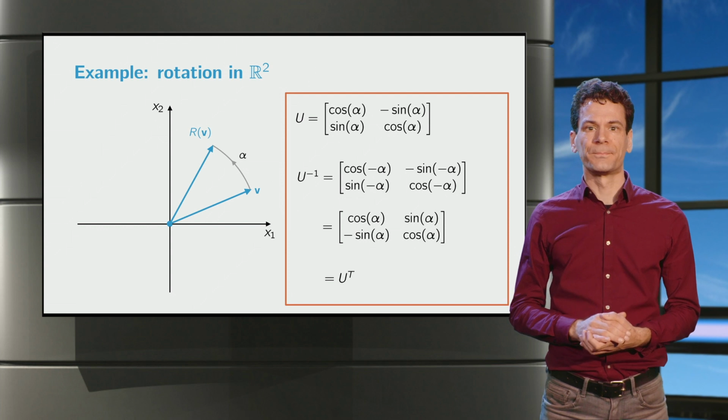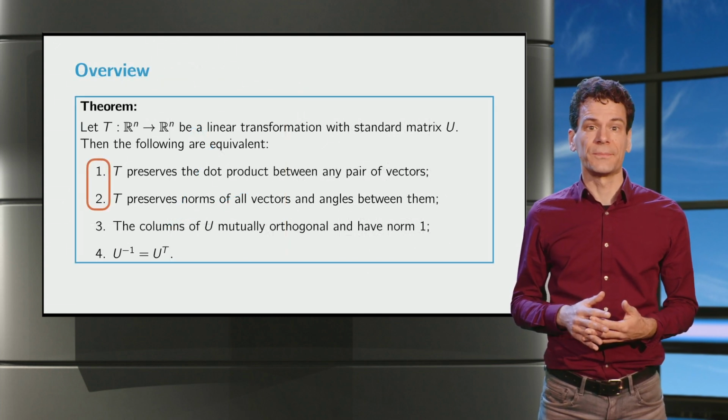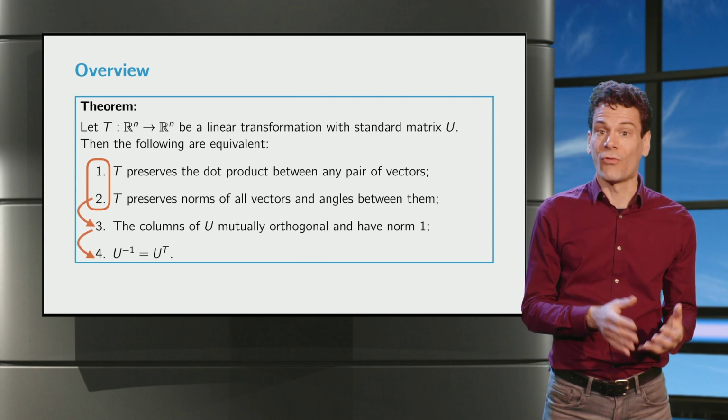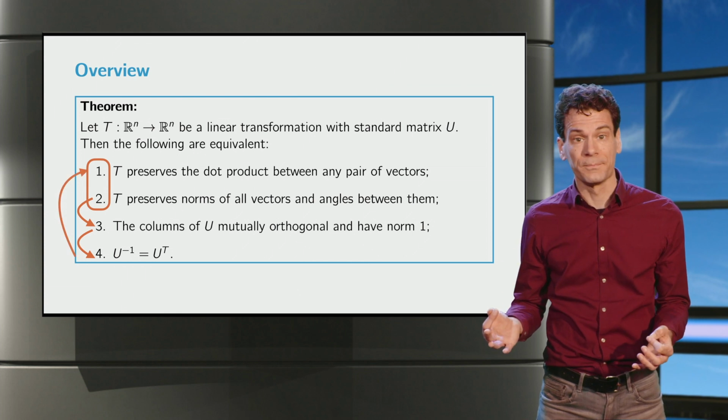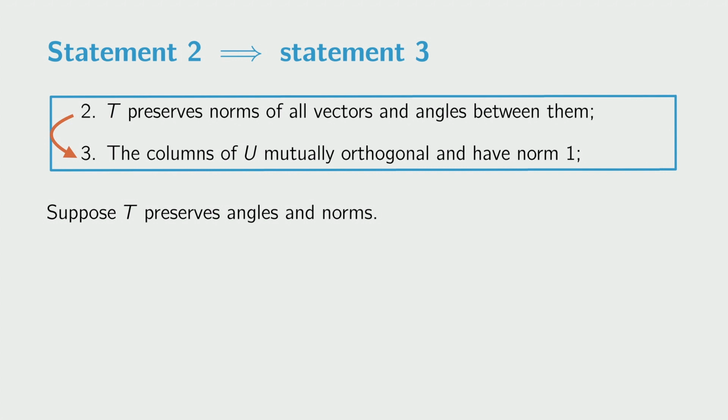Now let's prove it. We already know that the first two statements are equivalent. I will show that 2 implies 3, 3 implies 4, and 4 implies 1. First, from 2 to 3. Let T be a linear transformation that preserves angles and norms. The standard matrix U has columns Te1 to Ten. Now remember that the set e1 to en is the standard basis of Rn.